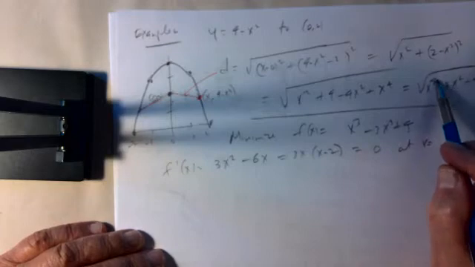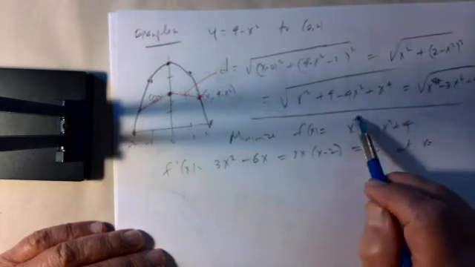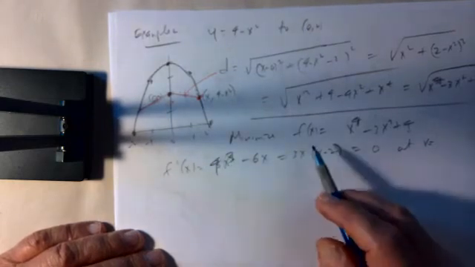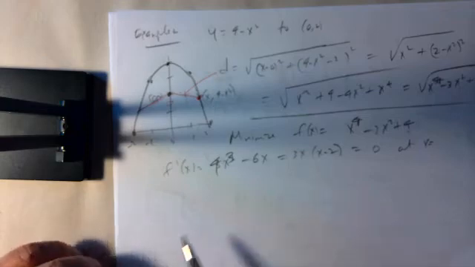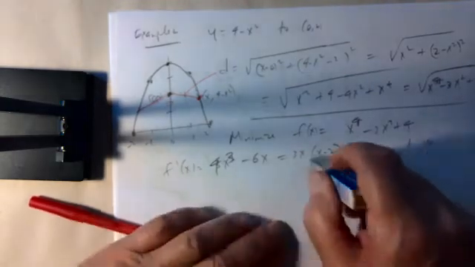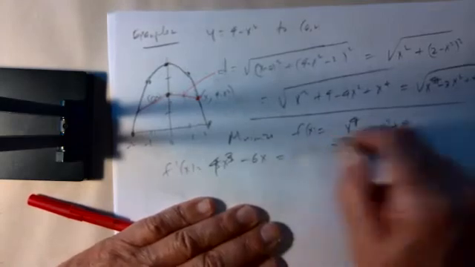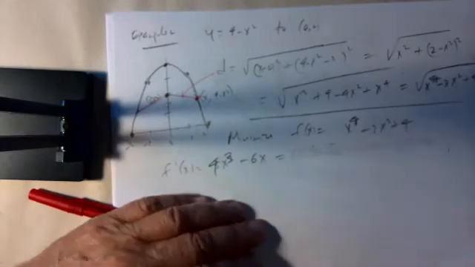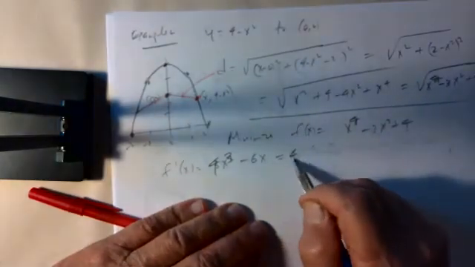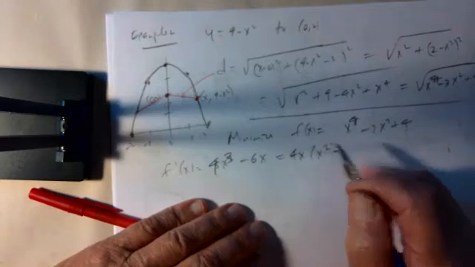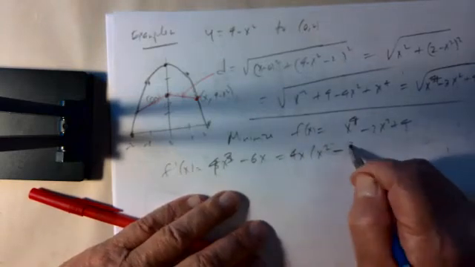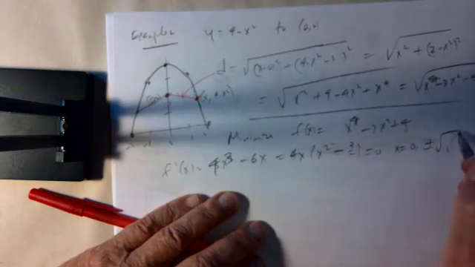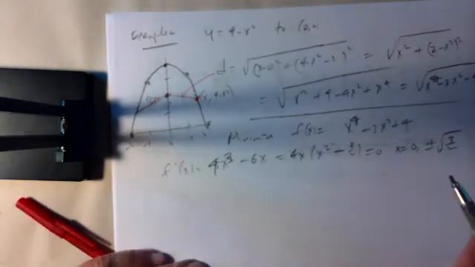Oh, this is x to the 4th. So this is 4x cubed minus 6x. Let me do this nicely. Four x times x squared minus 6 over 4, minus 3/2. That equals 0 when x equals 0, or plus or minus the square root of 3/2.